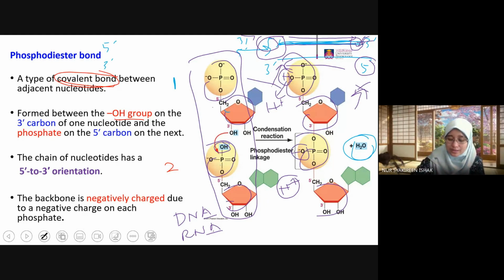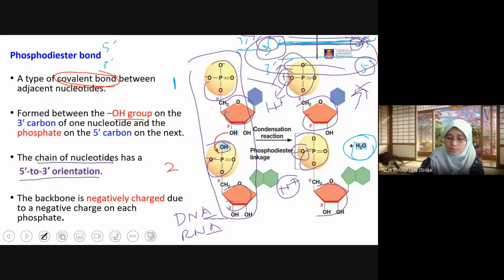The chain of the nucleotides, the polynucleotide, has a direction. We call it the 5 to 3' orientation, as I explained earlier. The backbone is negatively charged due to a negative charge on each of the phosphates.